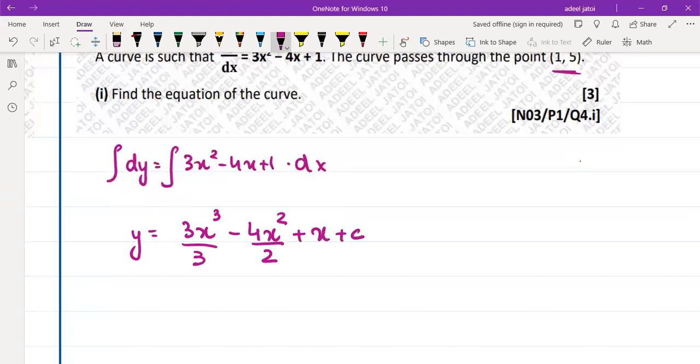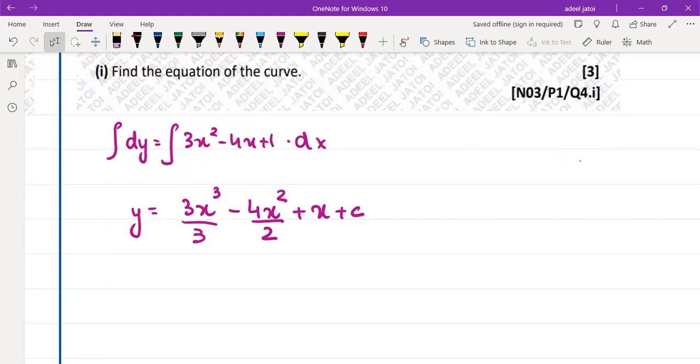Remember this, it is very important to understand that 2 plus 1 is 3, so 3 upon 3; 1 plus 1 is 2, so 2 upon 2. This 1 becomes x, whereas c is the constant that is always there.